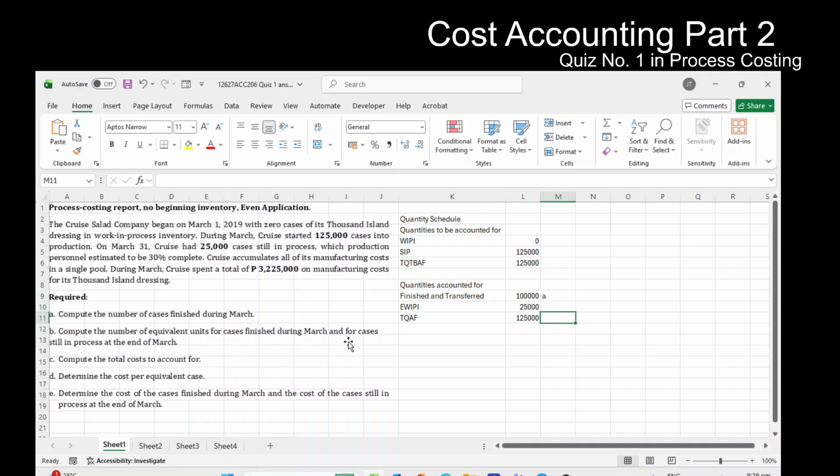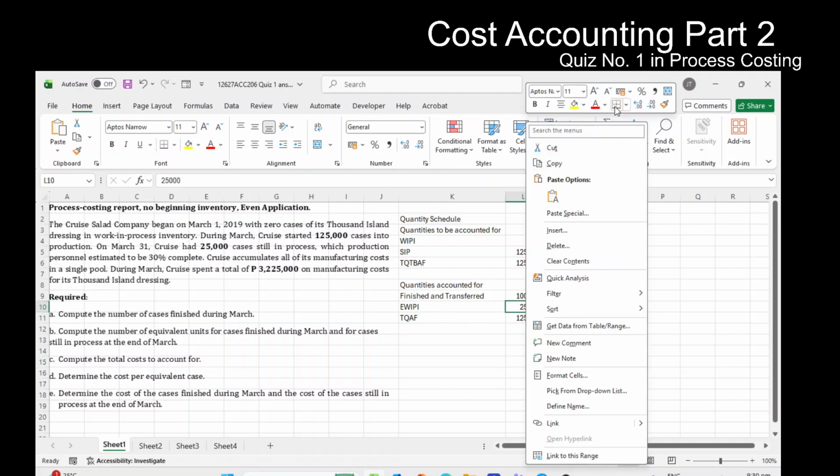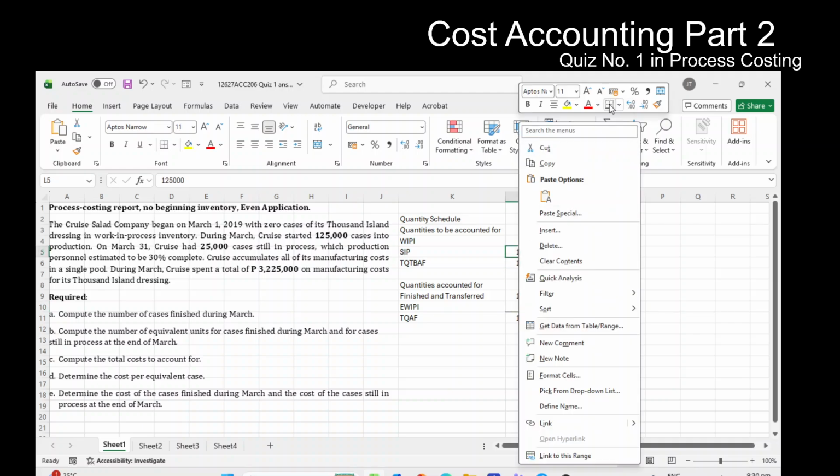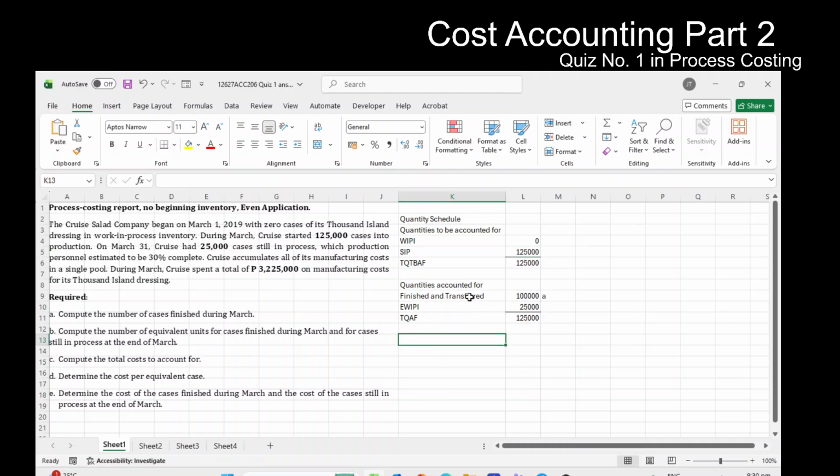Next, for letter B, compute the number of EUP for March cases. For the computation of EUP, we have finished and transferred, which is 100% complete automatically, and the ending inventory is 30% complete.